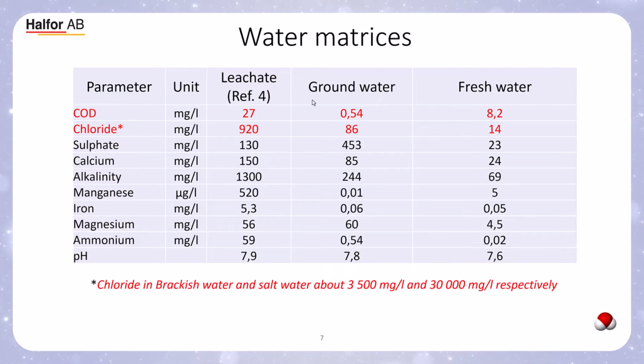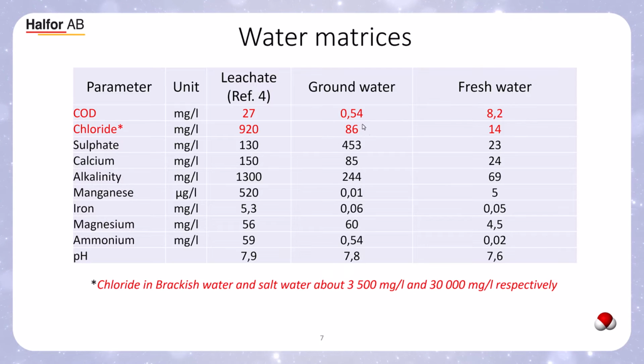I have a groundwater, and a fresh water. Looking at the leachate, you have a very high organic content compared to groundwater and fresh water, and also a very high chloride content compared to the other 2 water matrices. And note, of course, groundwater has a very low organic content, which can be expected, compared to the fresh water.